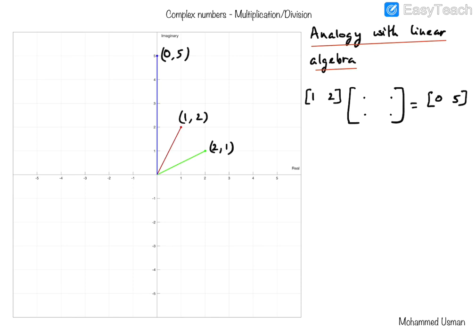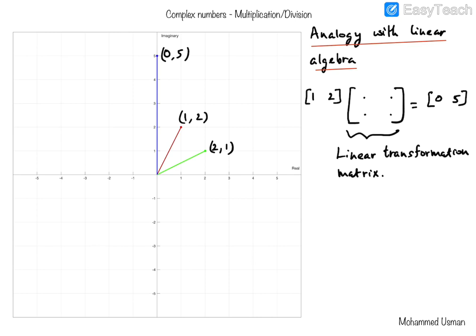But in terms of linear algebra, if we multiply this vector 1 2 with a two-dimensional matrix, we should get the resulting 0 comma 5 point here, or the vector 0 5. That means this matrix, which denotes a linear transformation, produces the effect of scaling and rotation.